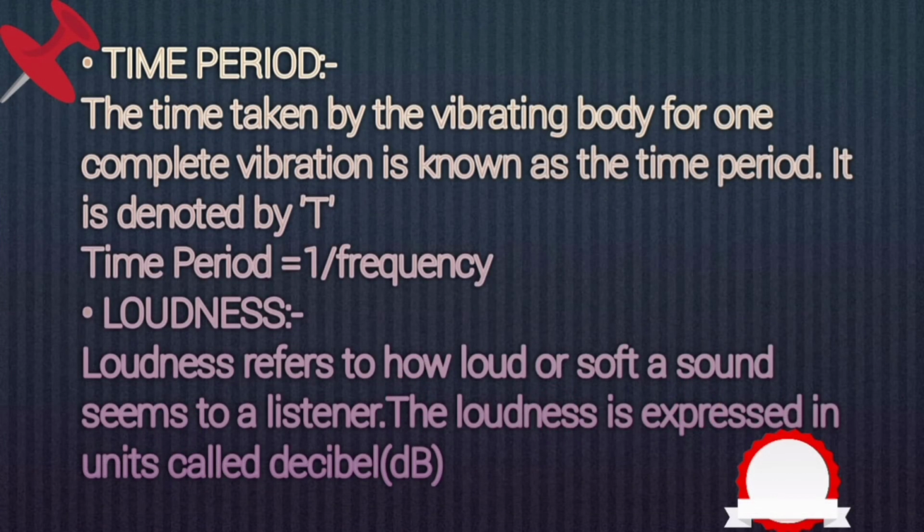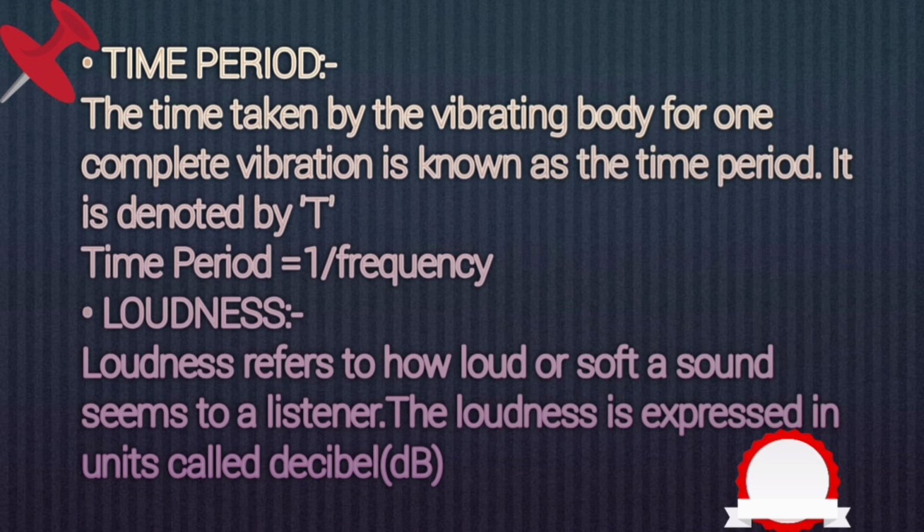Now let's learn some more terms related to sound. In my previous slide, I told you about oscillatory motion, frequency and amplitude. In this slide, I will tell you about time period and loudness. What is time period? It is not given in your NCERT book or any other book, but it is important to learn.